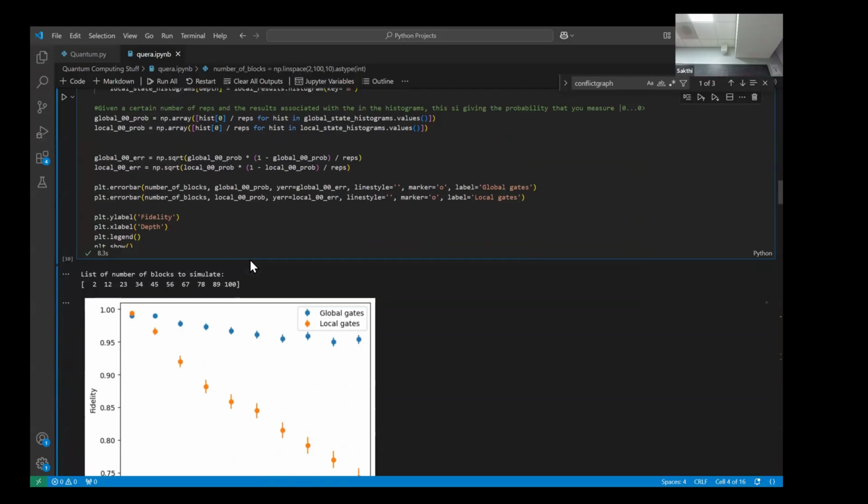So let's just say this is ket 0. This is ket 1. Let's just say you're doing some kind of measurement. When you measure, you have a vector that's over here.